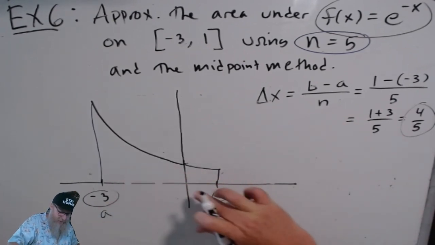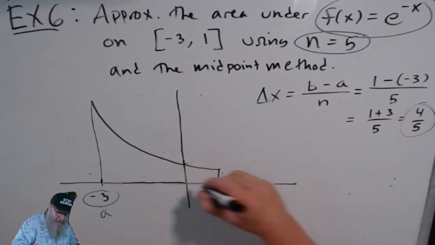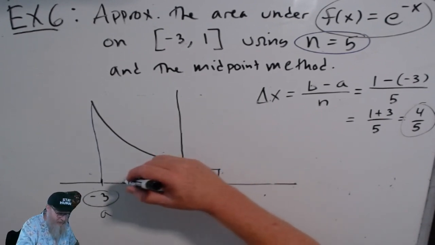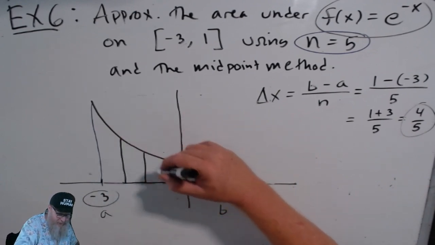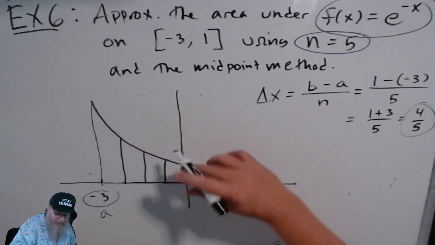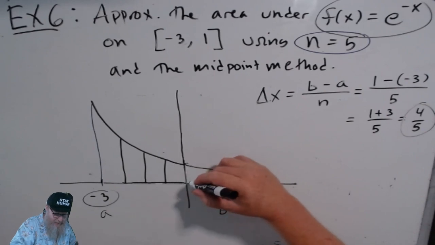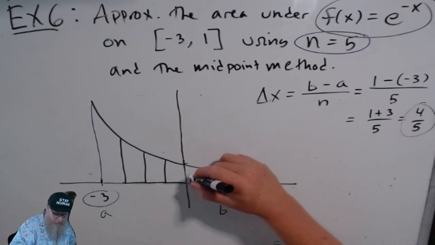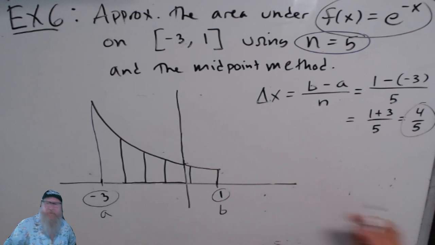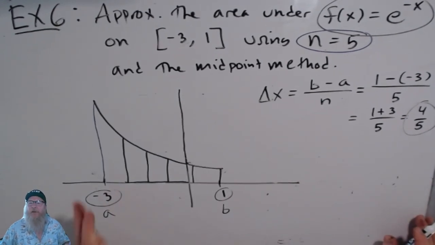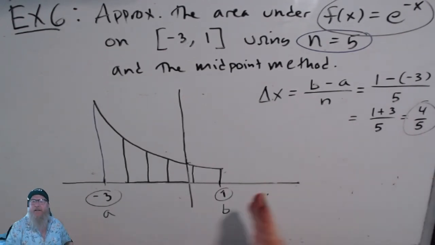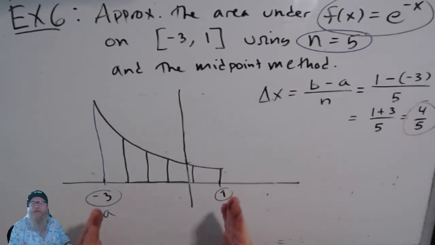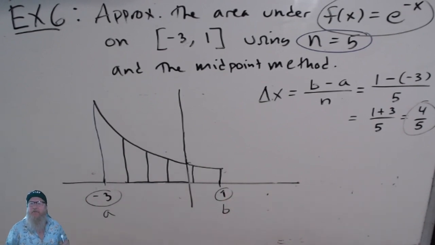So I've got to do 5 rectangles. 1, 2, 3, 4, and 5. And they're a little bit off of the integers because we have 5 rectangles and the size of the interval is 4, right?